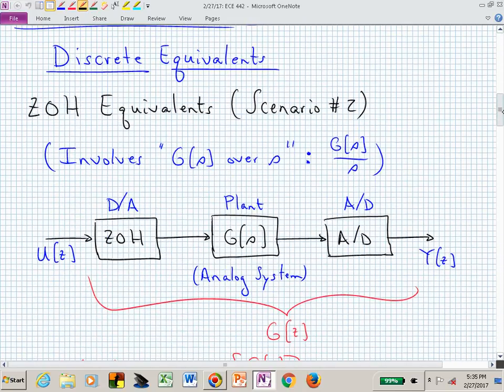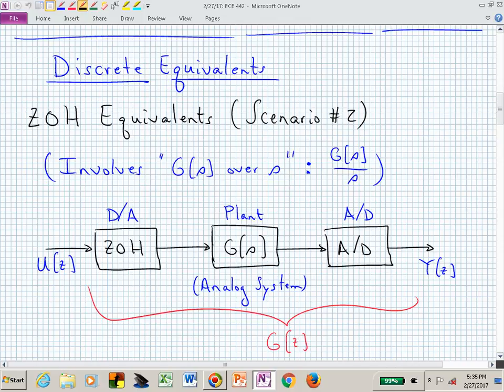As a reminder, I'm going to scroll through some material that hopefully is just to get us back on the same page. We had two different scenarios for discrete equivalence.